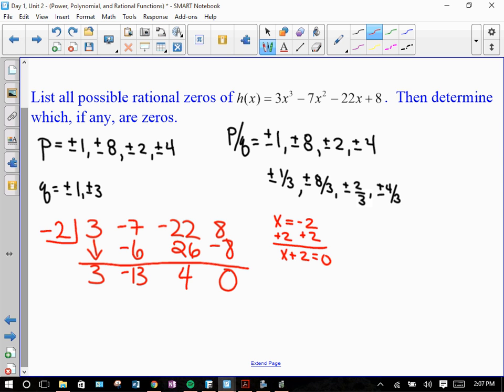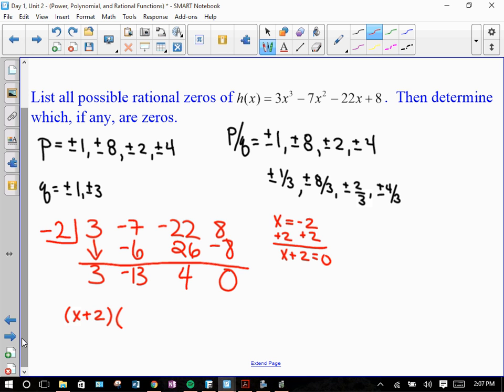You can get the factored form by taking x equals -2 and sort of reversing it. So factored form is x plus 2 times, alright, my initial degree was what? Initial degree cubed, so it's in the third power.